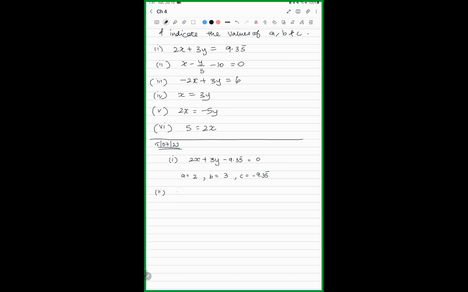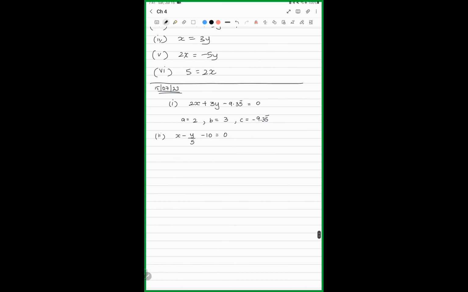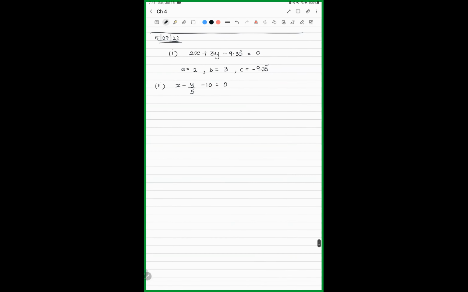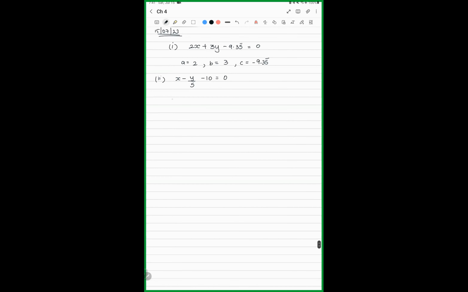Abdul Rahman, second one. This is already written. How do we write it in the standard form?